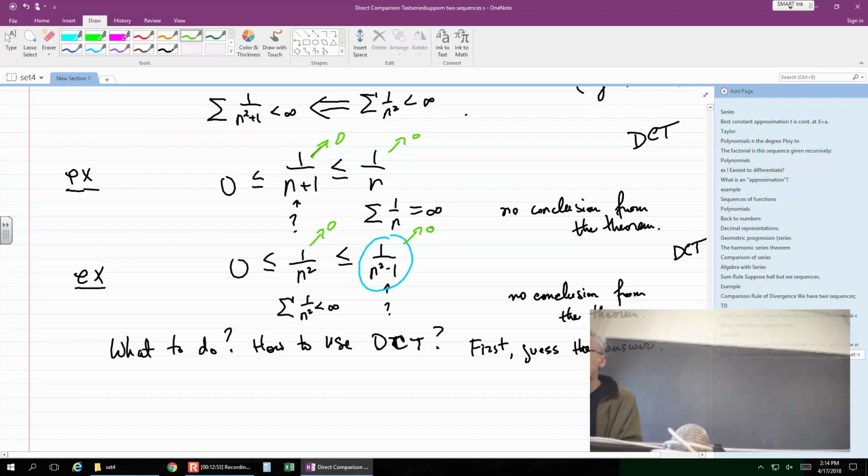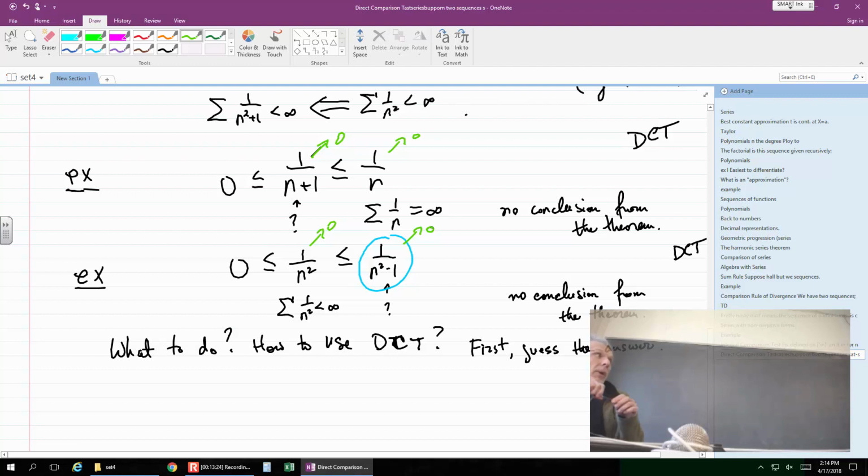What is actually true is that not only does the circled 1 over n squared plus 1 go to 0, it goes to 0 at roughly the same rate as the other one. So it's not really about the inequality. The inequality is in the wrong order. The functions 1 over n squared and 1 over n squared minus 1 are so close to each other, the denominators, that they behave in exactly the same way.